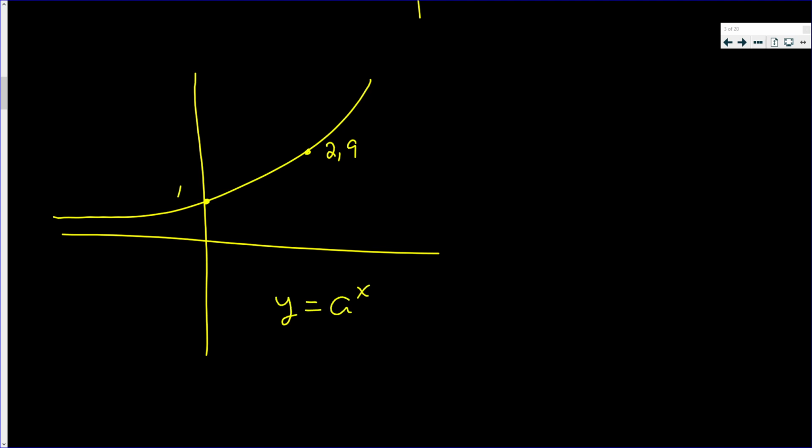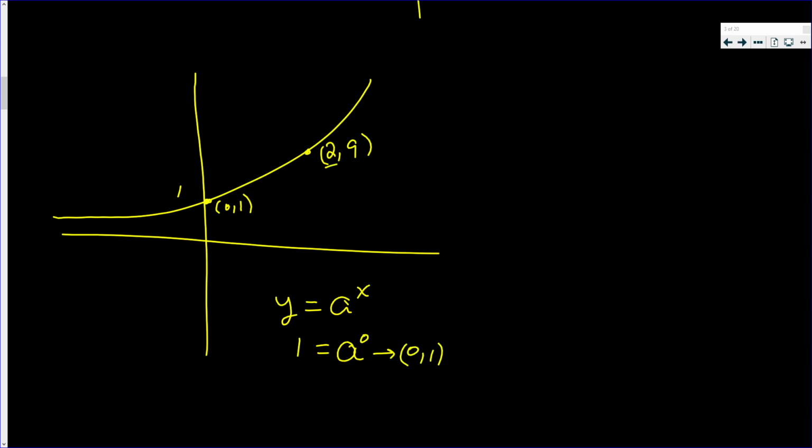So the job is to find out what a is. Now, if you think about it, this point here, 0, 1, well, no matter what a is, a to the 0 is always 1. So it's always going to contain the point 0, 1.